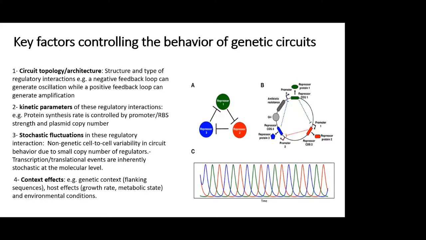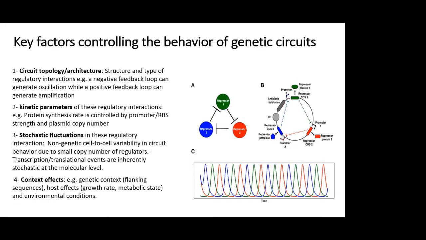The promoter strengths or the ribosome binding site strengths are encoded by the sequence of the promoter and the sequence of the ribosome binding site. So basically this defines the affinity between the transcription factor and the promoter, and also the affinity of the RNA polymerase to the promoter. So mutating the sequence will affect the kinetics of the reaction and affect the circuit behavior overall.